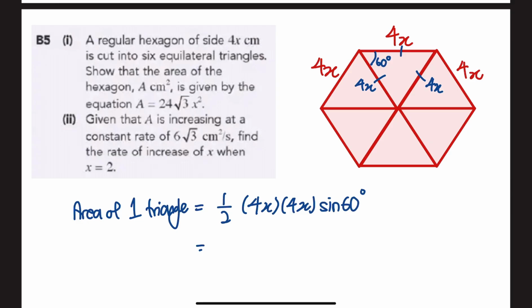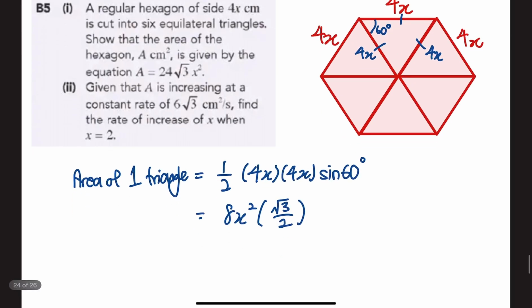Therefore, I simplify this, I should get 8x squared sine 60. This is a special angle. I hope that you can see that in exact value, this is simply root 3 over 2. Therefore, one triangle is simply equal to 4 root 3 x squared cm squared.